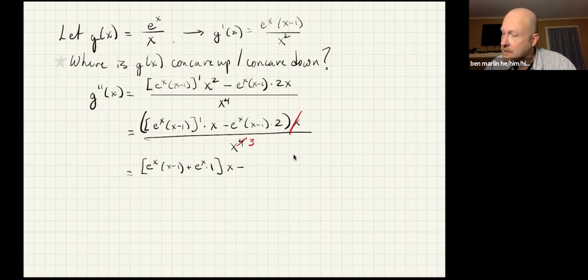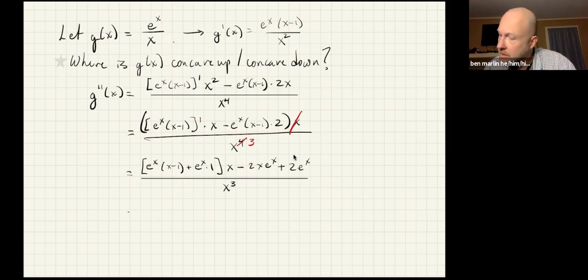I'm going to go ahead and do the distribution in here on this part. So I'll have a 2 and an x and an e to the x, and then a minus a negative 2 e to the x. All this divided by our x cubed.